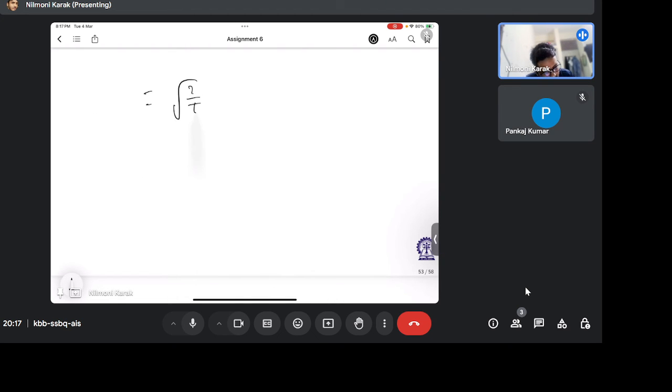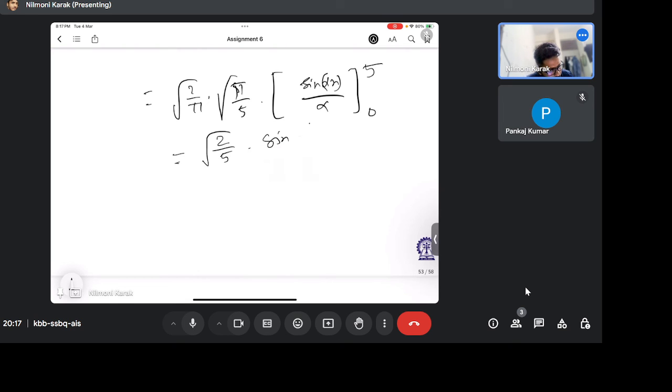So root 2 by pi into root pi by 5, and the integration of cos alpha x is sin alpha x by alpha, from 0 to 5. Here root pi cancels and it is root 2 by 5 only, and sin 5 alpha by alpha, and sin 0 is 0.